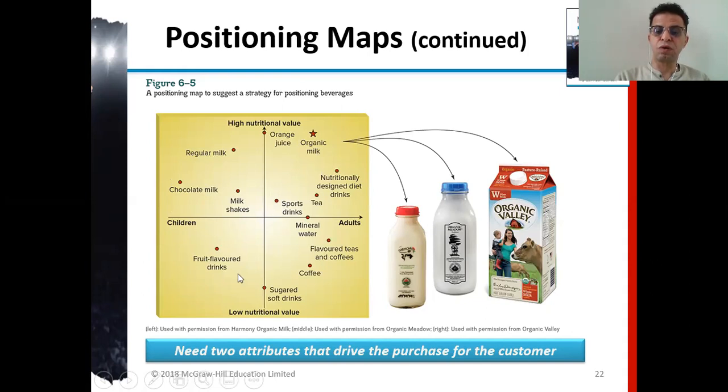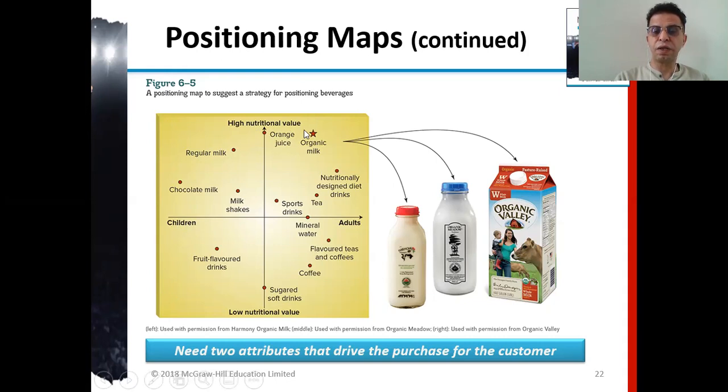And then, if you want to produce some kind of milk or drink, you want to see where you fit in this area, who your competition is, and how you can pass that competition. You could be at this extreme or that extreme, or probably you don't want to be at the low extreme, or maybe you do. It depends. Probably the market prefers that children get high nutrition values, so you want to compete with the regular milk, or you want to target adults.